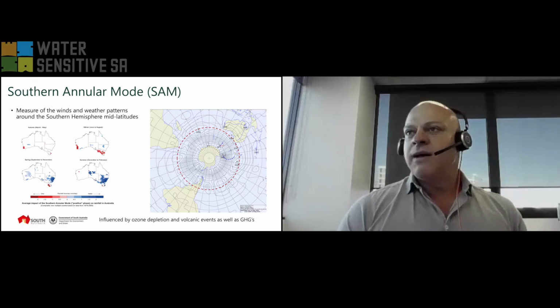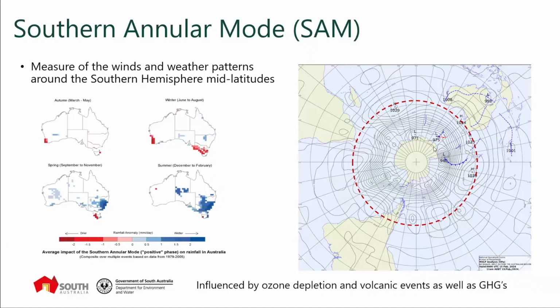Increasing greenhouse gases cause it to be more positive, which means the weather patterns tend to contract further south, and that tends to support higher pressure, a stronger subtropical ridge over southern Australia in the positive phase.